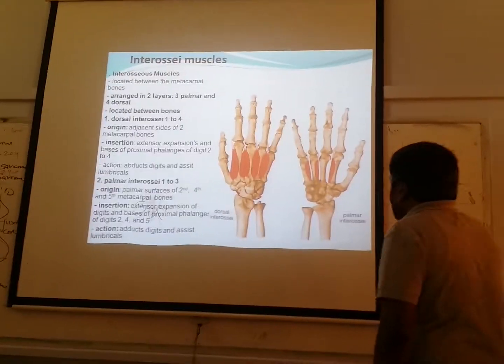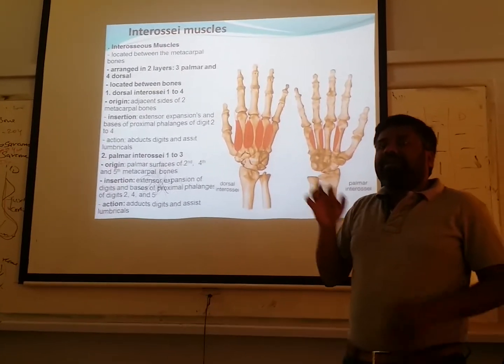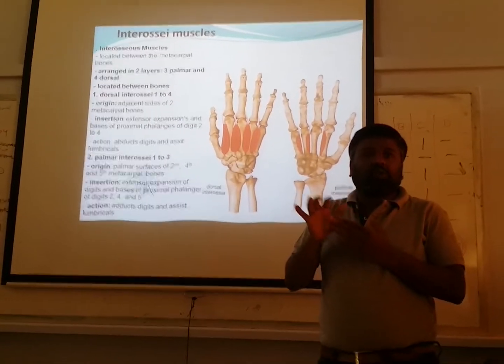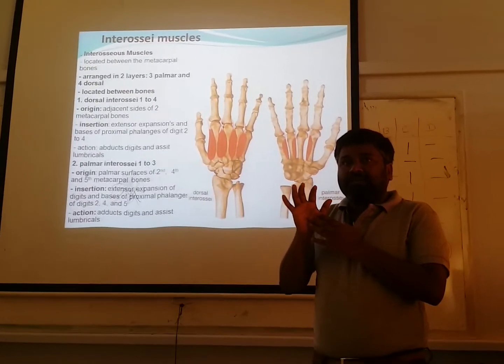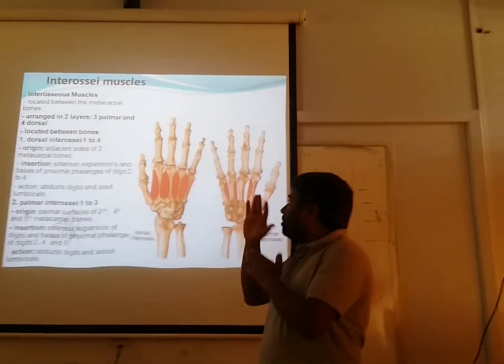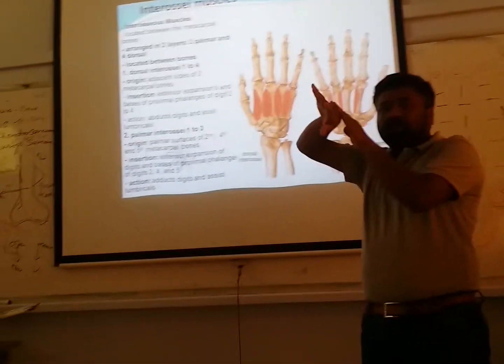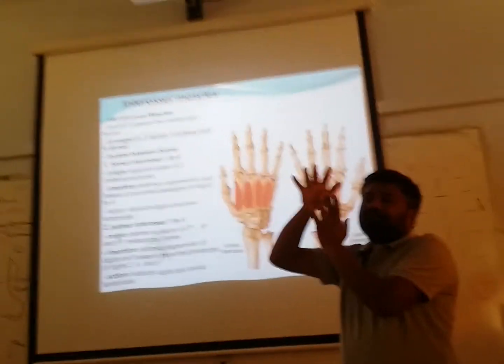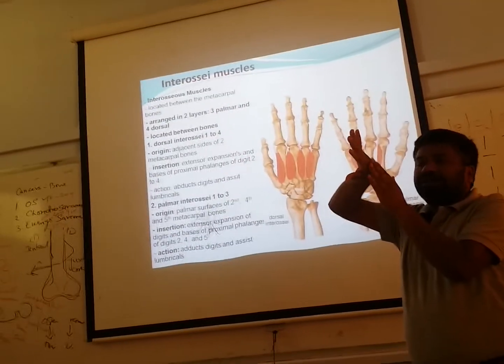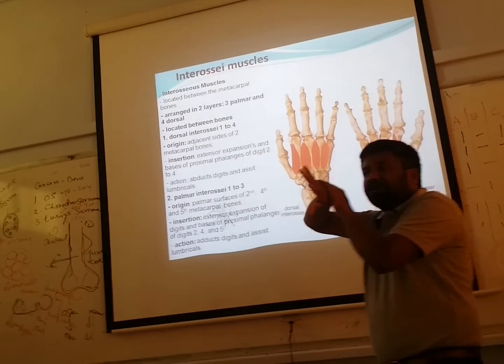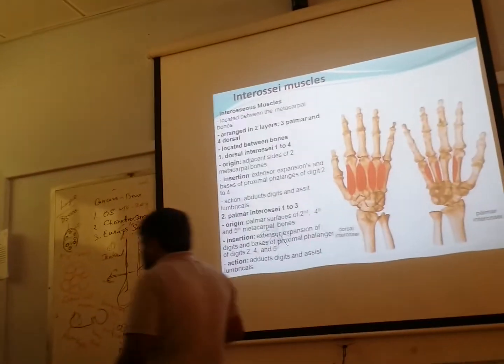You have 7, sometimes even 8, interosseous muscles: 3 on the palmar side and 4 on the dorsal side. I will show you when we go to the lab.